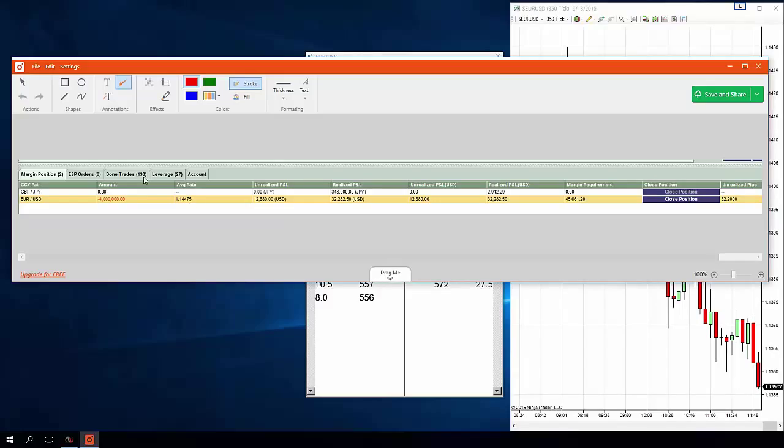And take a look at here. It says done trades. So basically I placed about 400 lots today, right? 400 lots equals 138 different trades.